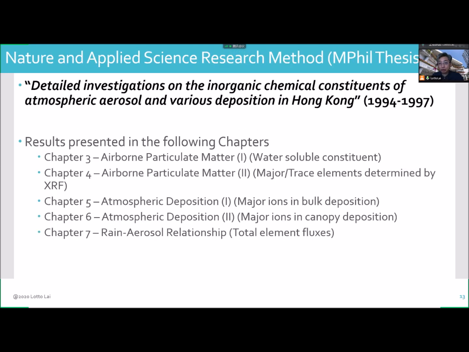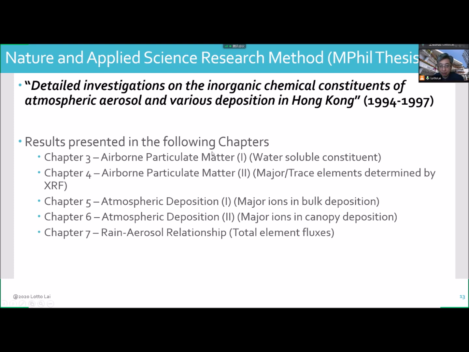Now, I would like to share the results of my research in my MPhil thesis, a detailed investigation on the inorganic chemical constitution of atmosphere and various deposits in Hong Kong, finished in 1997. The results are presented in 5 chapters, from chapter 3 to 7, and in each chapter I describe a different type of result.